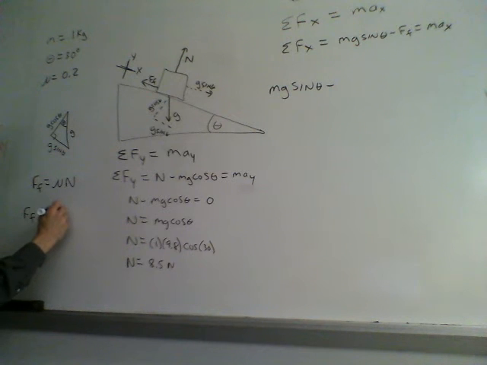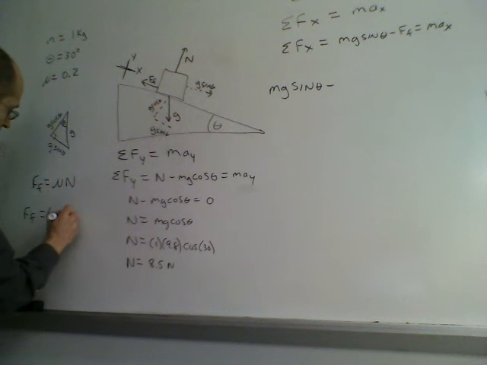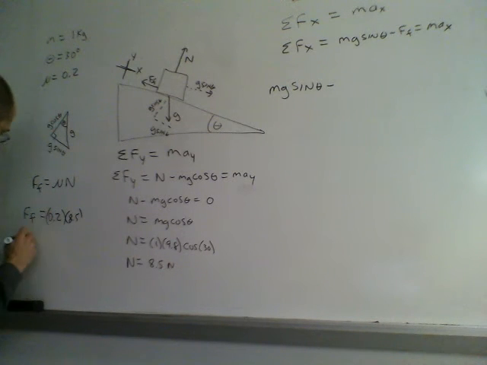Seems like a reasonable number. So 0.2 times the normal force, which we said was 8.5. 0.2 times 8.5 is 1.7. So our frictional force has a value of 1.7 newtons.